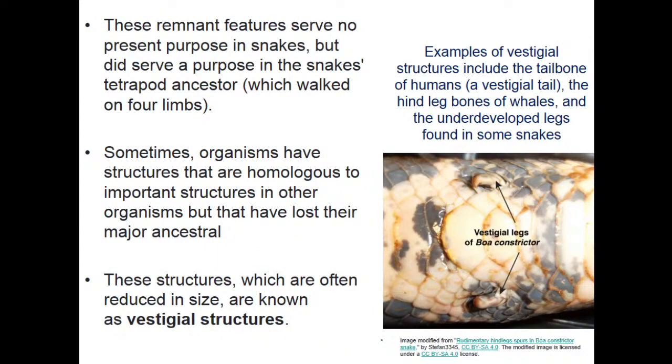And in this picture, at this slide, you can see vestigial legs of boa constrictors. Examples of such structures include the tailbone of humans, the hind leg bones of whales, and underdeveloped legs found in some snakes.